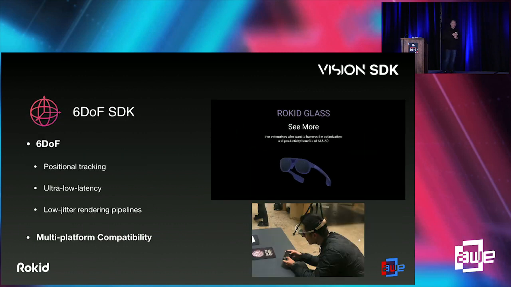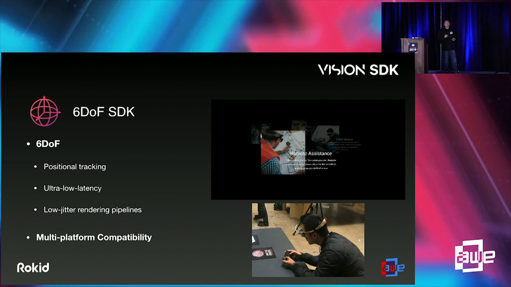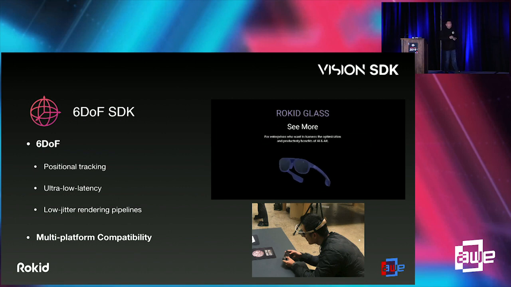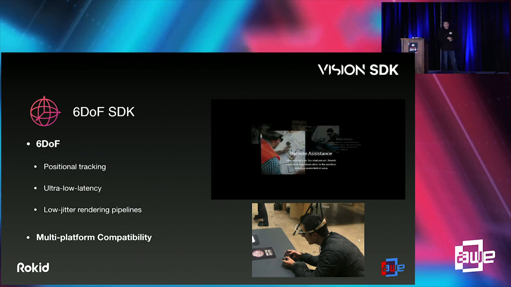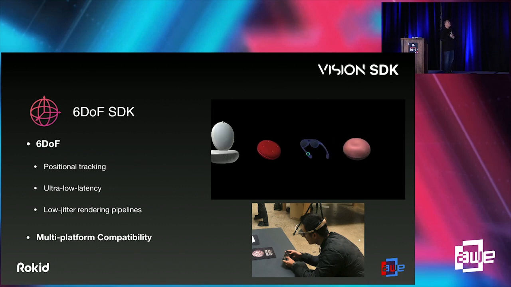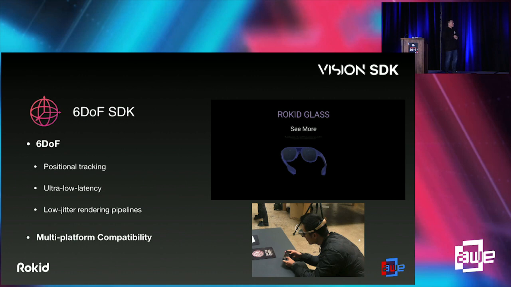Rokid Vision also has a 6DoF SDK for tracking and interaction. The 6DoF SDK delivers the real-time 6DoF data of the glass to the smartphone. So it provides position tracking with ultra low latency, and also with the low jitter rendering pipelines, we provide seamless 6DoF interaction.